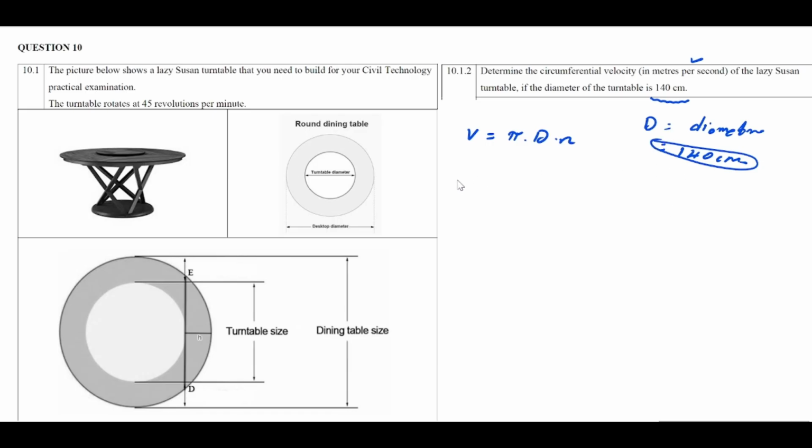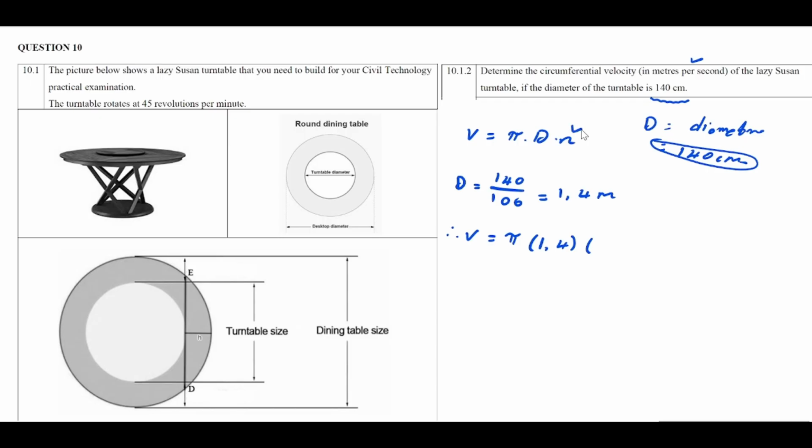So first, our diameter is going to be 140 centimeters, and then we're going to divide this by 100, and then in meters it's going to be 1.4 meters. Once we have our diameter in meters, then we can substitute into the formula. Therefore, V equals pi, it's a constant. D, we just converted it to 1.4.